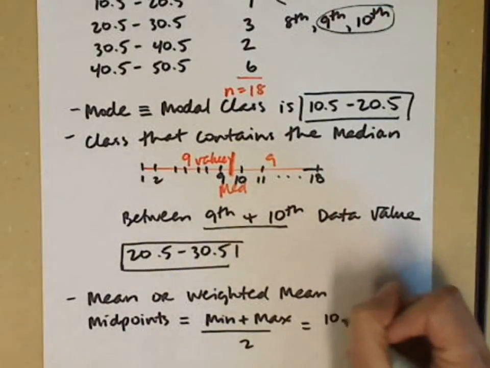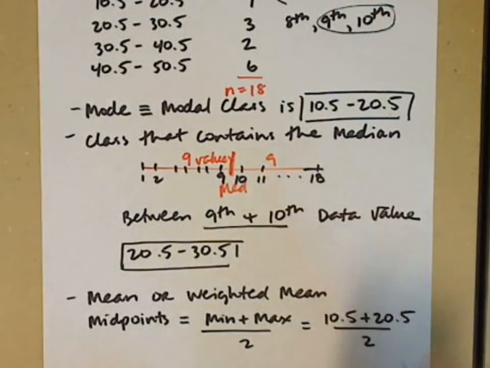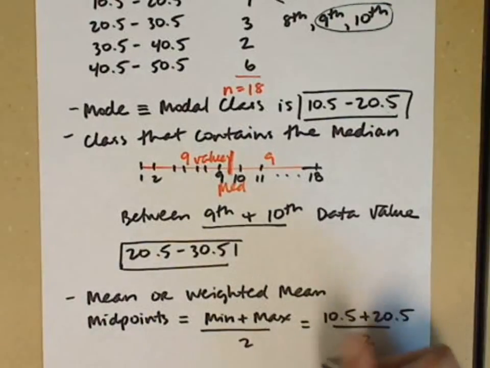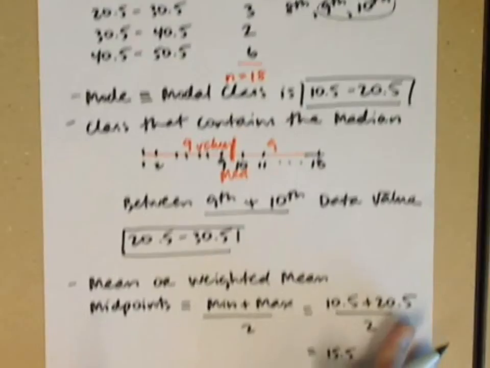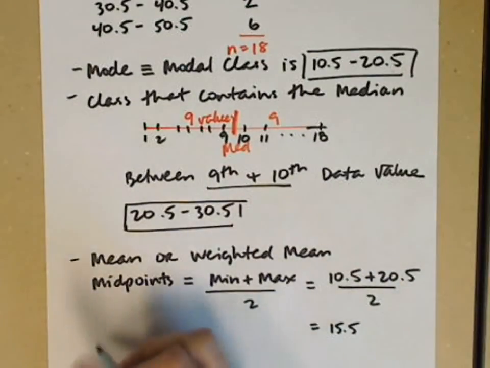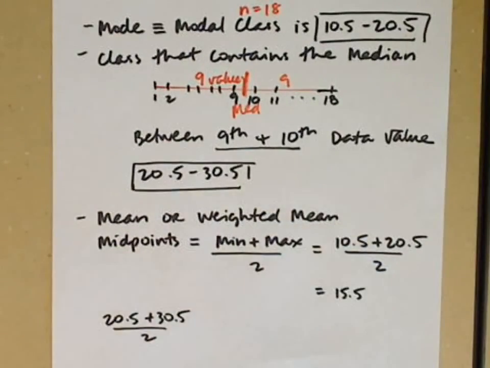So we have 10.5 for the first one plus 20.5 divided by 2. And if I go over here and do that in my calculator, I get 15.5. That's our first midpoint. To find the second midpoint, we would repeat that and do 20.5 plus 30.5 divided by 2. That's going to be for the second class.